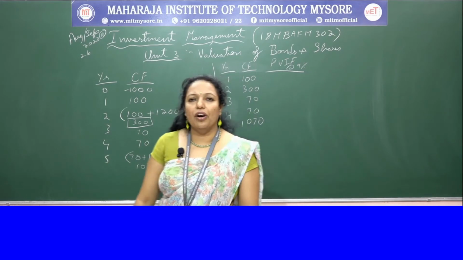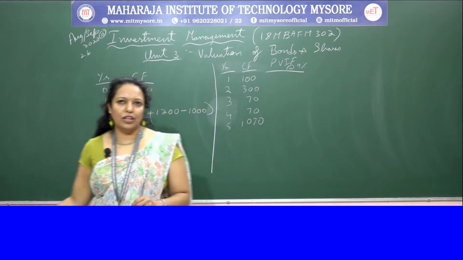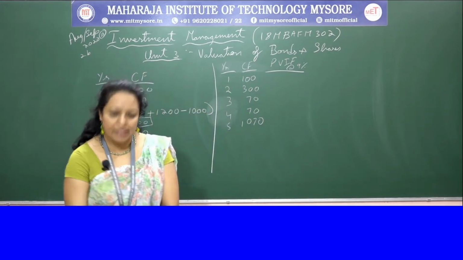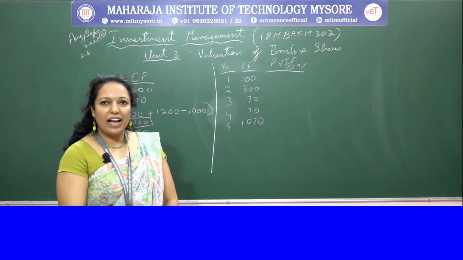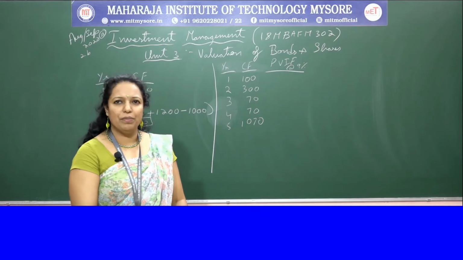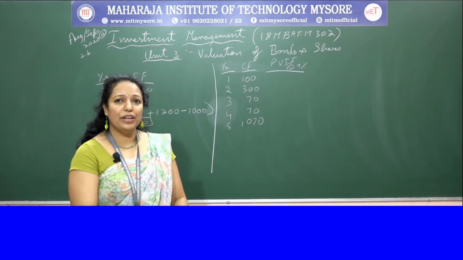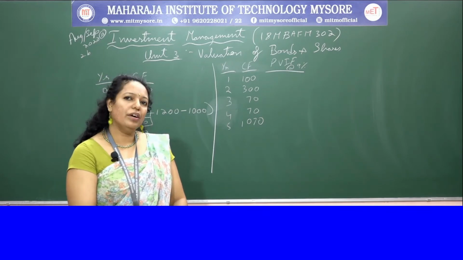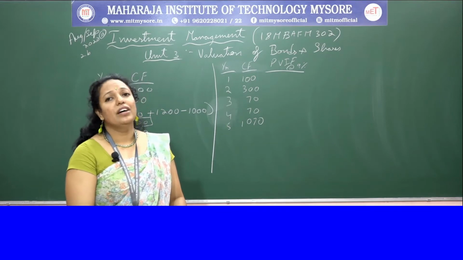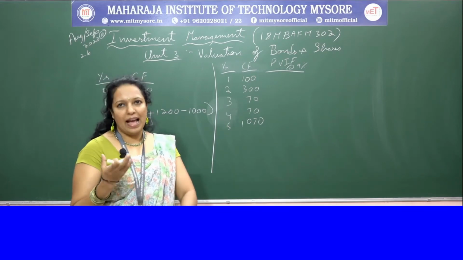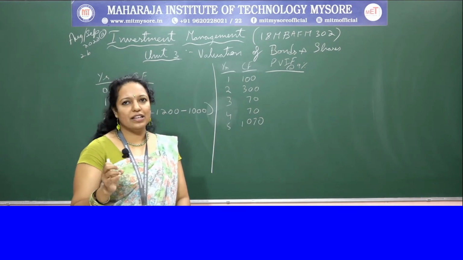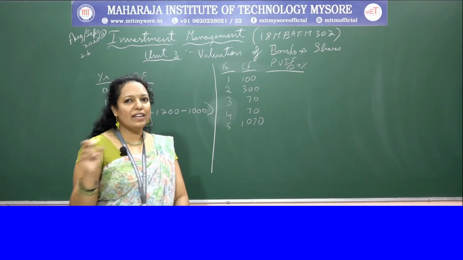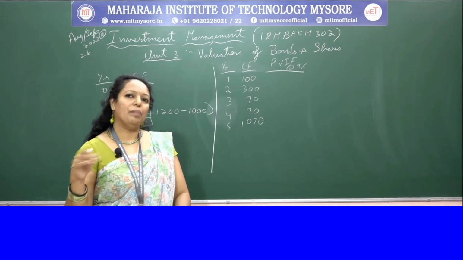So to show you all, I have a book. The book has the present value interest factor tables. Any financial management book will have them. In the previous video I showed you that if you don't have a present value interest factor table, you can calculate using the calculator, like 1 divided by 1 plus r to the power of n.